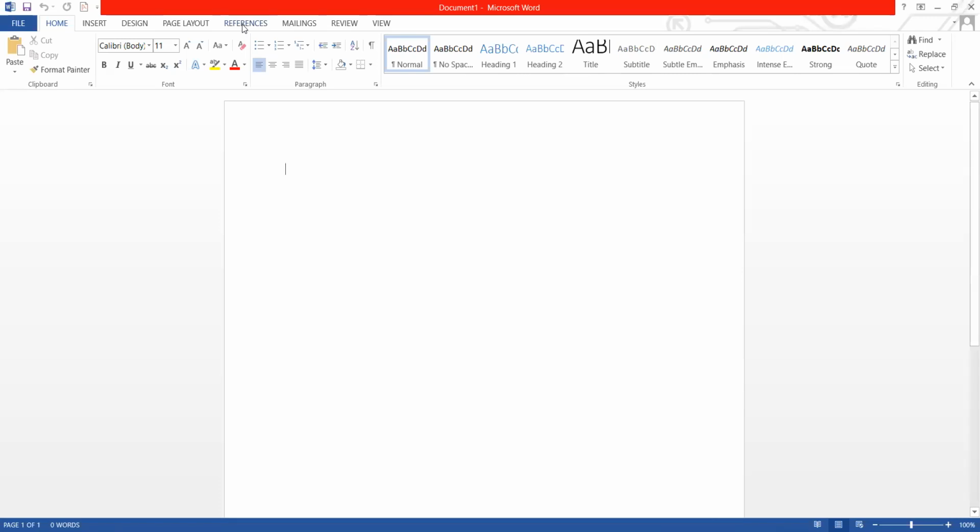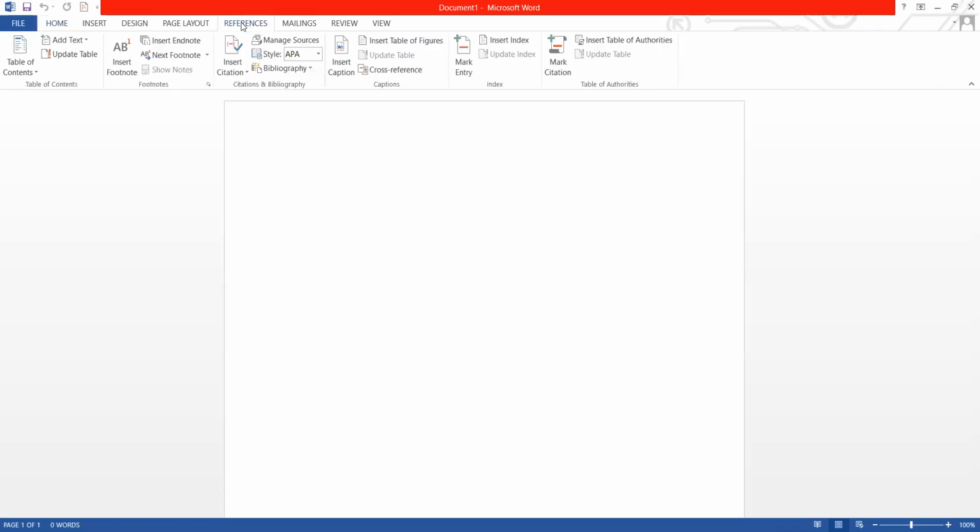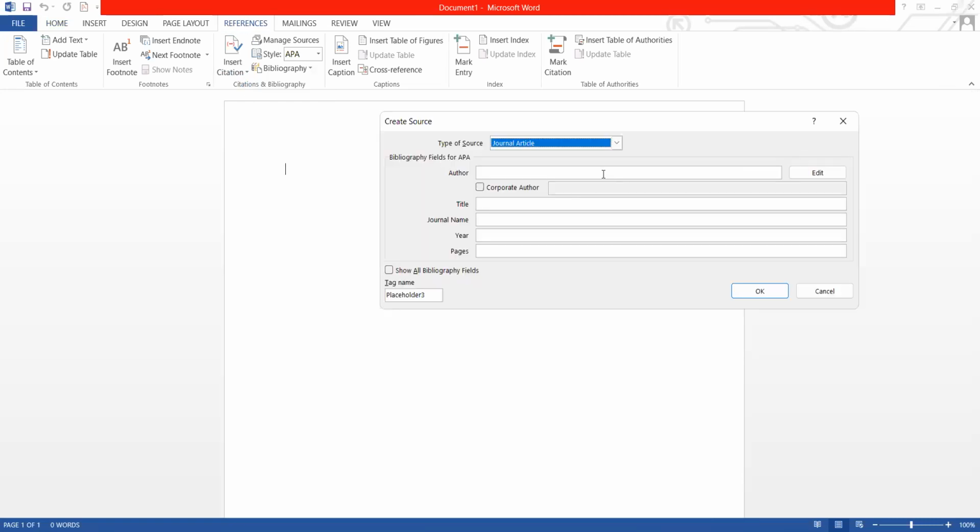When you go to the references, you click here, references, right? So that is the first thing. Then you have insert citation. I'm going to add a new source, right? Then you will get a kind of table. There you have to select what type of source. I'm going to take it from a book section. I have selected book. Then I'm going to write the name.